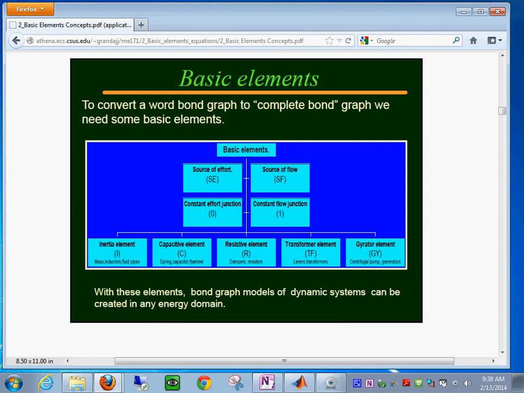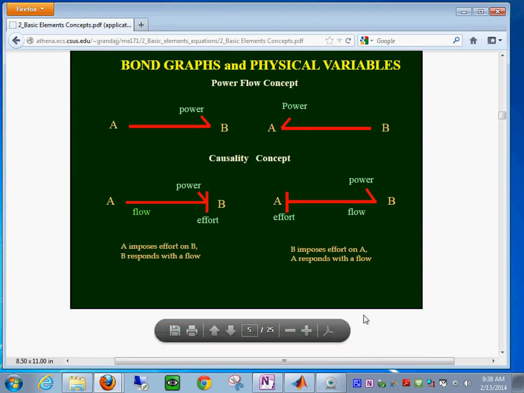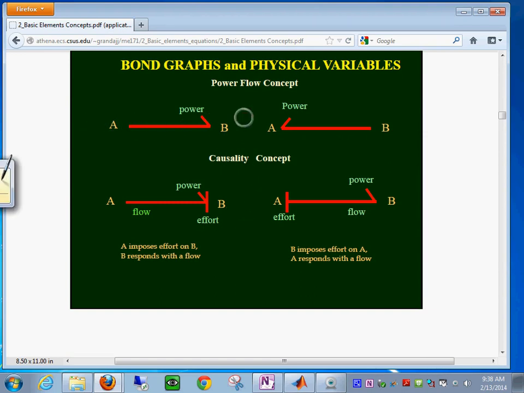Okay, so let's make some progress here with the notation. In this particular case, if you have the element A and you have the element B, this half arrow is going to indicate which way the power flows. See, power flows from A to B here, and over here the power flows from B to A. But that mark is independent of the so-called causal mark, because remember, the causal mark is determined by which variable is the output.